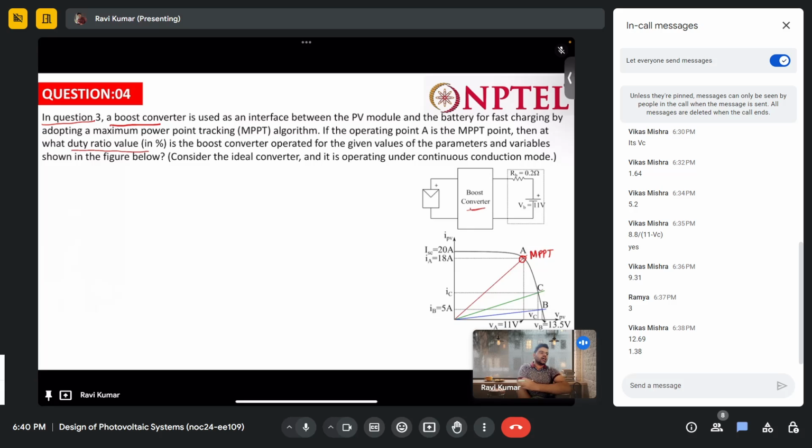It is just asking, if the MPPT tracker is working at point A, then what should be the duty ratio value D. You need to calculate D. These are the options, D in percentage terms.